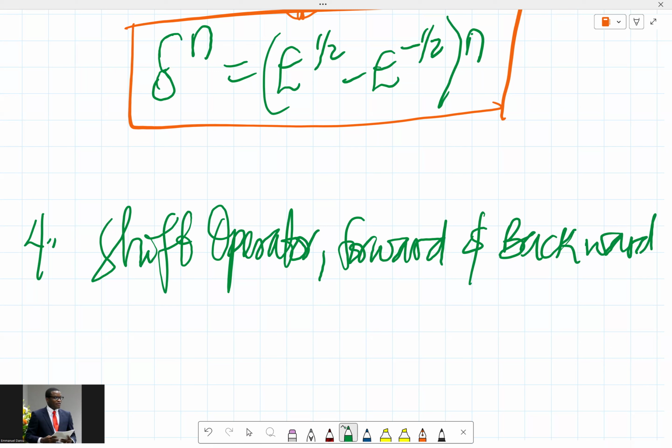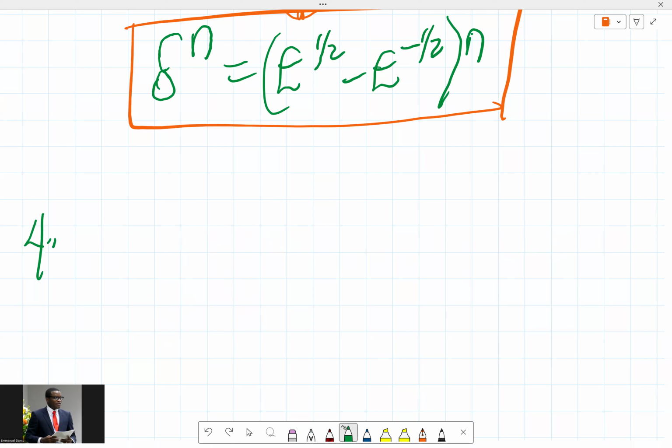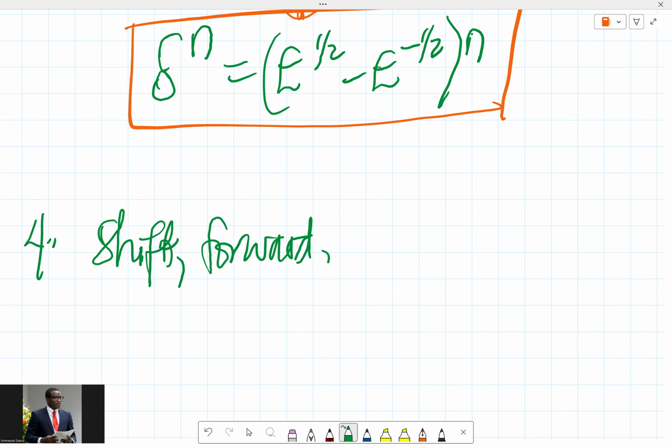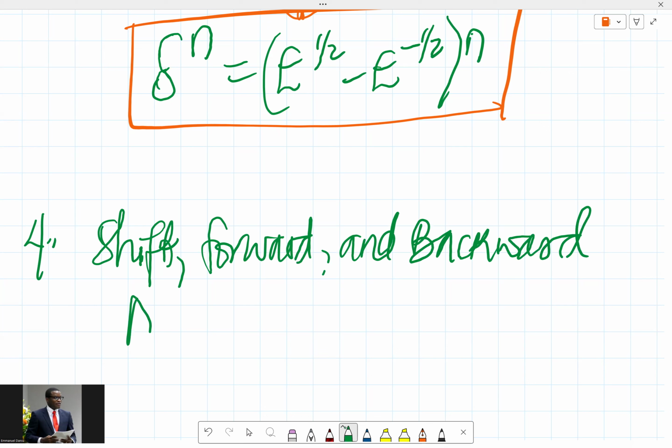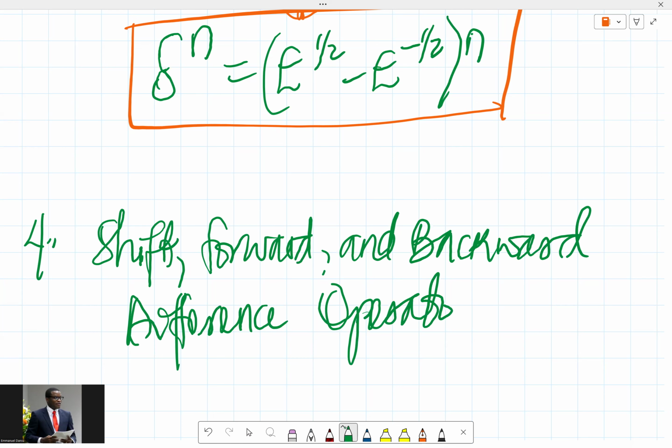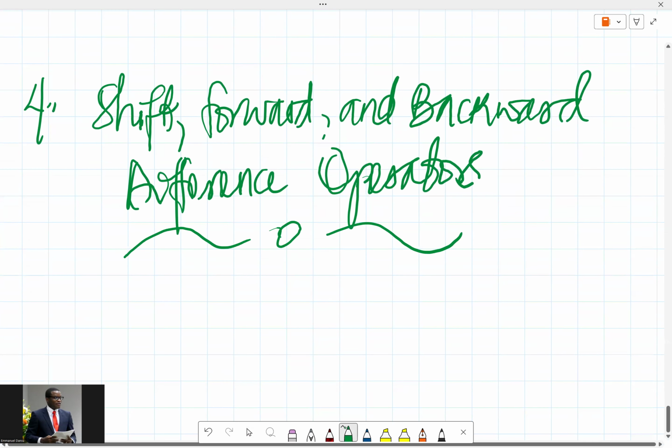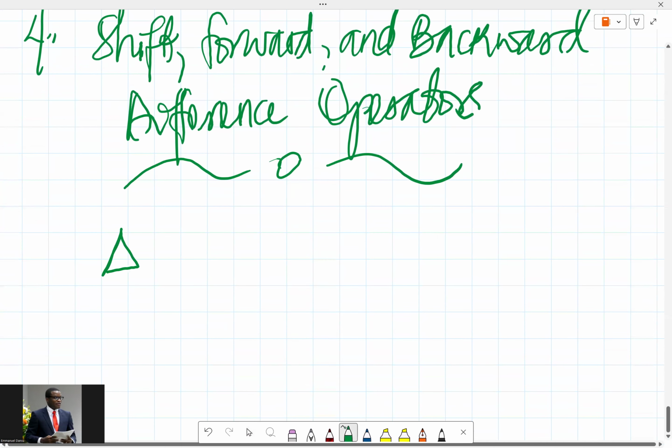Actually, it's better to also include the central difference. So there's a connection between the shift, forward and backward difference operators too.